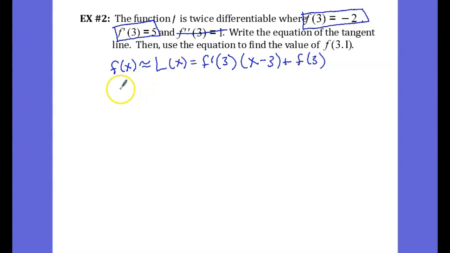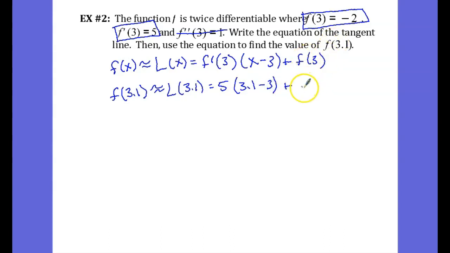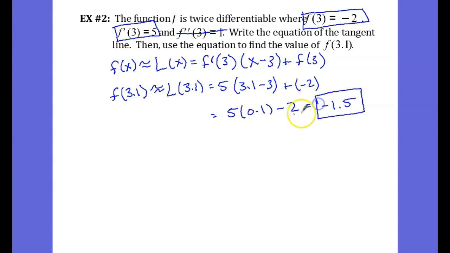And so that means that f of 3.1 is approximately L of 3.1, which is equal to, and f prime of 3 is 5 times 3.1 minus 3 plus, and f of 3 is negative 2. So this gives us 5 times 0.1 minus 2 equals negative 1.5. So this will be our solution.